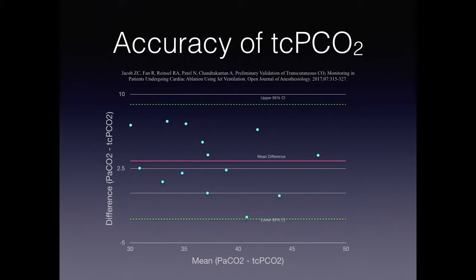The transcutaneous is going to run 3.5 millimeters of mercury below the arterial on average. Not a problem, because realistically, I don't care whether the CO2 is 36 or 39.5. I just want to make sure that it's not climbing out of control.